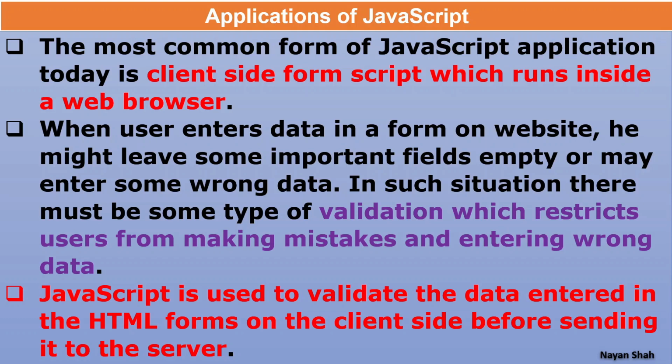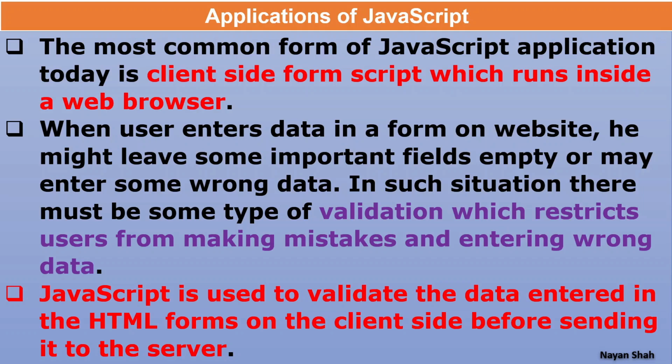What kind of validation does it do? Let's say when a user enters data in a form on a website, he or she might leave some important fields empty, might forget to enter data where it is required, or may enter some wrong data. Here wrong means invalid data, not incorrect data.